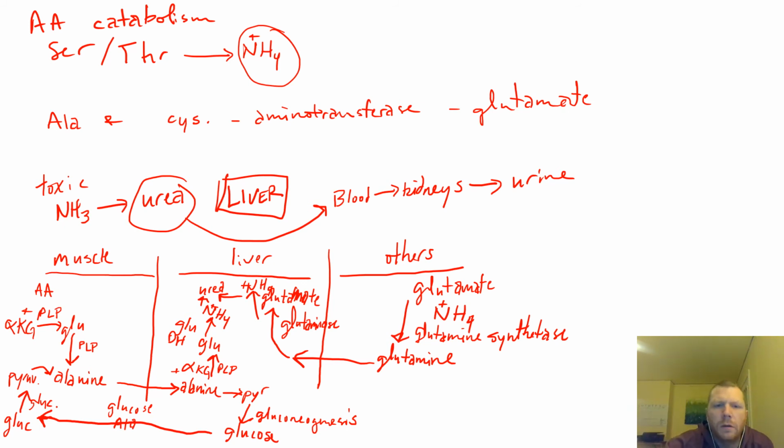So what varies a little bit here is if you're talking about muscle tissue, you're going to take an amino acid and you're going to do some transamination reactions.